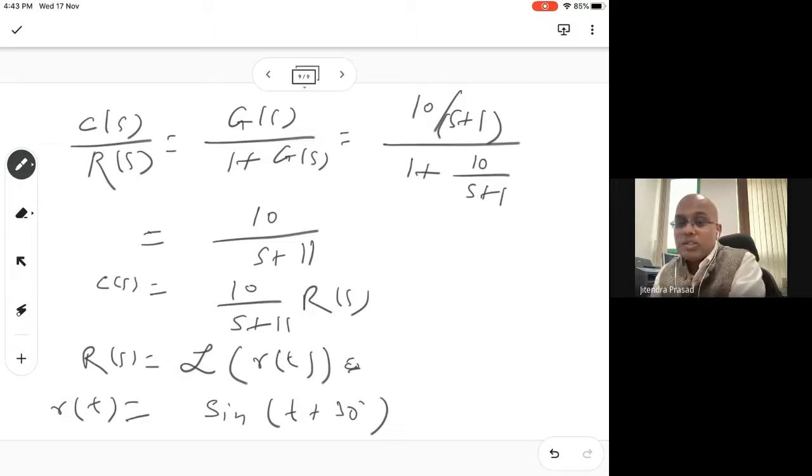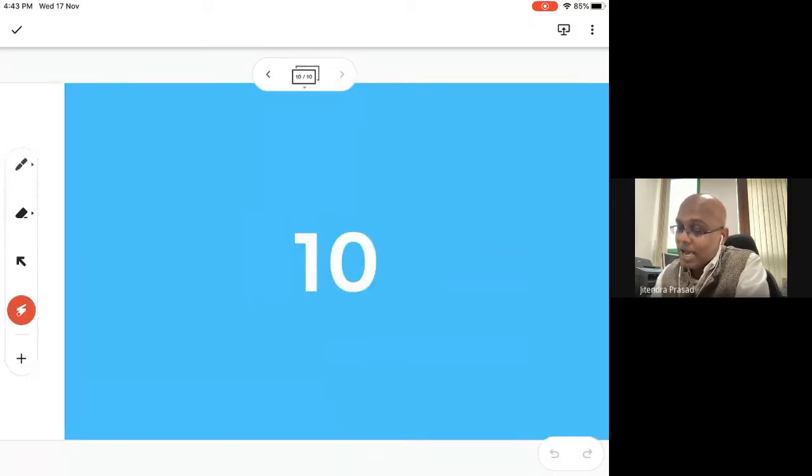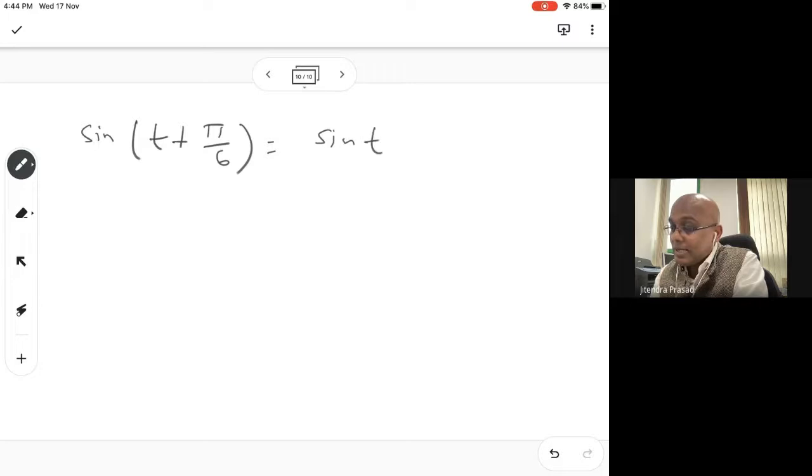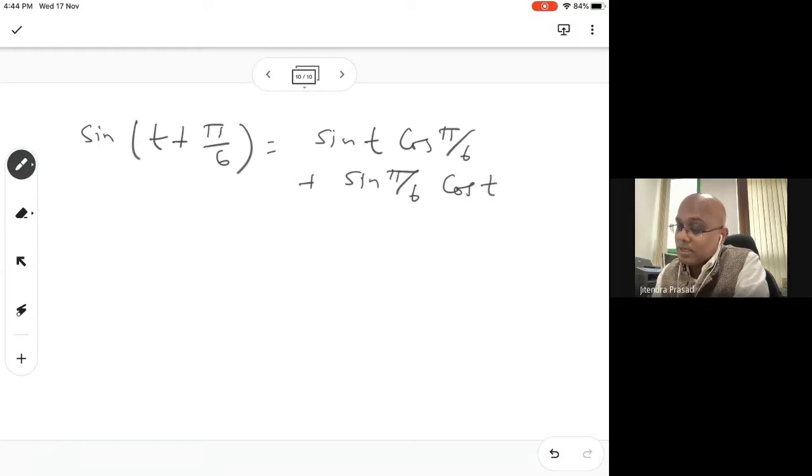If you want to proceed from first principles, you can expand it. We have sine of t plus 30 degree, so pi over 6, which is equal to sine t cos pi over 6 plus sine pi over 6 cos t.